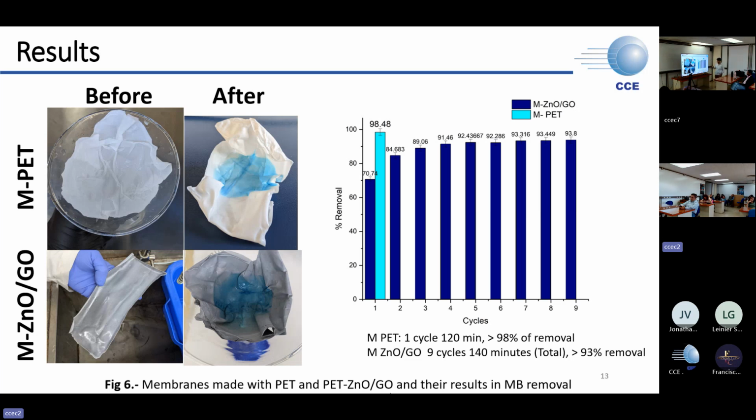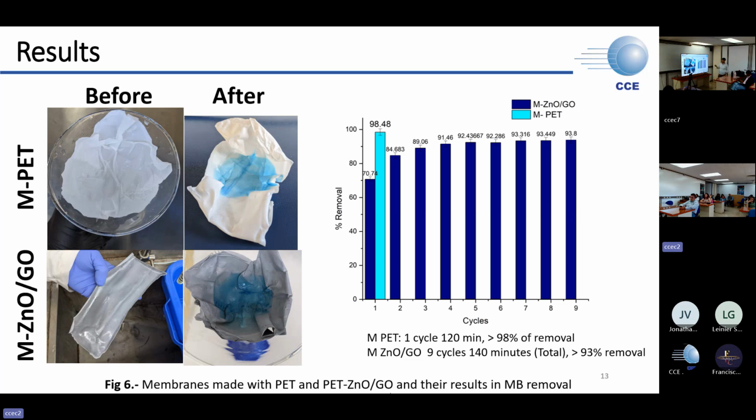These are the results. As I said before, this is the first approach we have with this kind of technology. The results were not what we expected. In the first process, by filtration, we achieved almost all the removal of the dye. In the other case, we have to perform even 9 cycles in order to achieve this response.